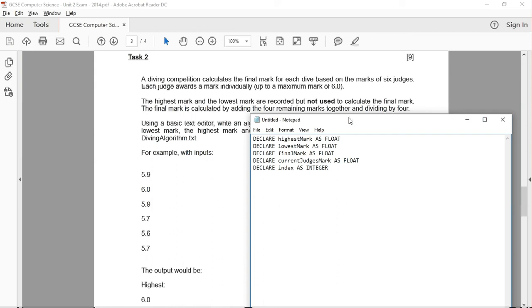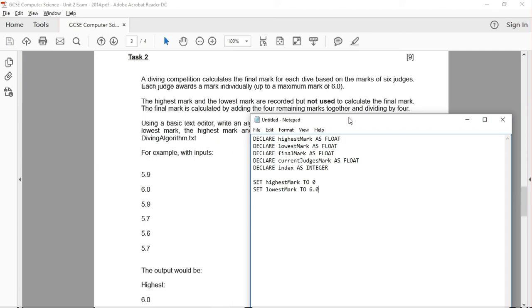Right, now when we start the program, the highest mark is going to be 0, because any mark that is above 0 will then become the highest mark. Whereas the lowest mark at the start of the program I'm going to set to 6, so any mark below 6.0 will be the low mark.